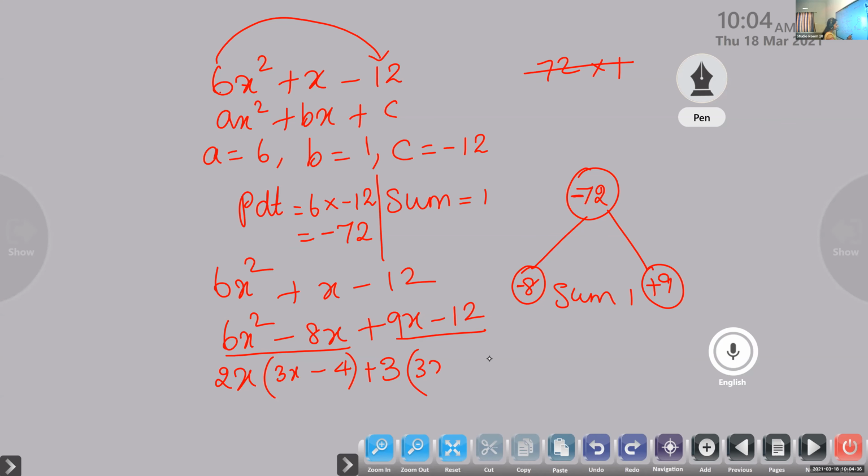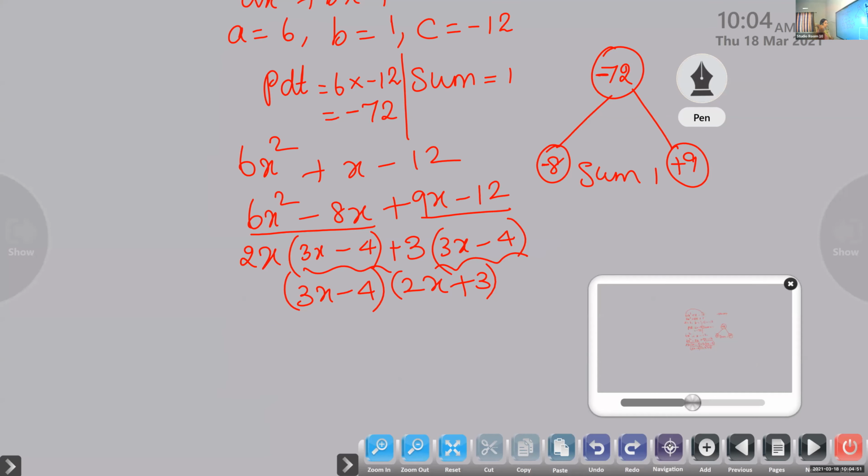Very good. Now look here, 3x minus 4 is the common factor. You take it outside. So (3x minus 4) into (2x plus 3). Now we have factorized it into linear factors.